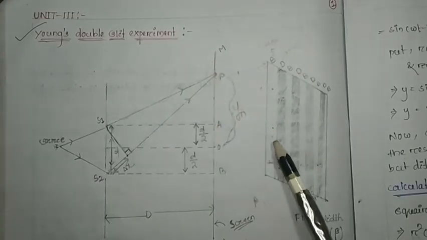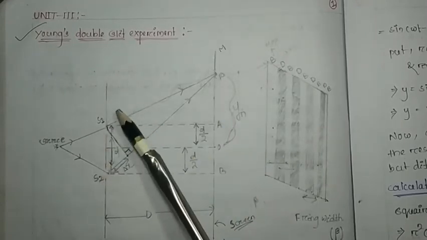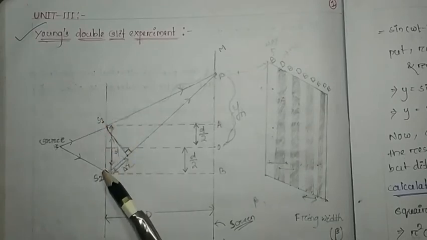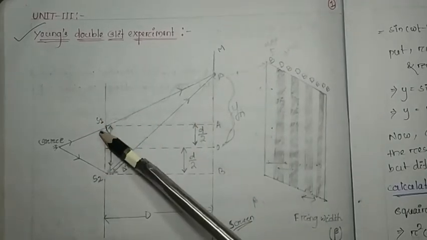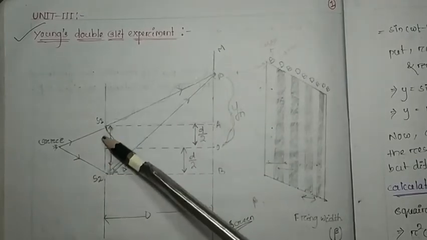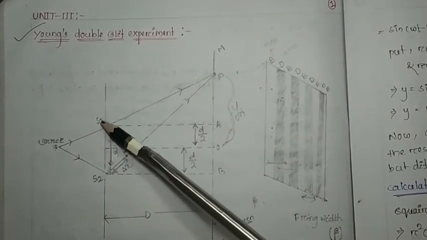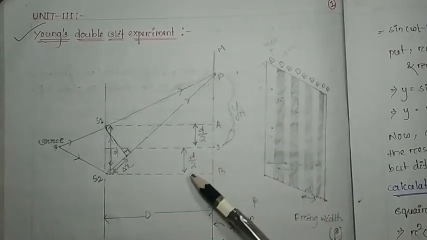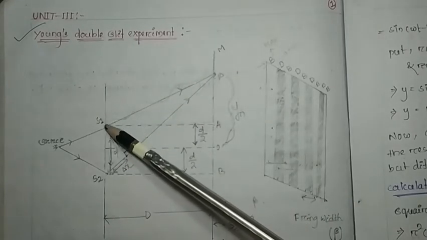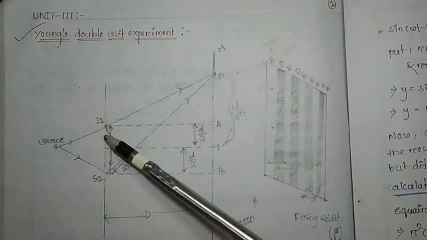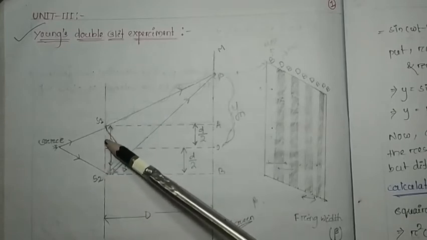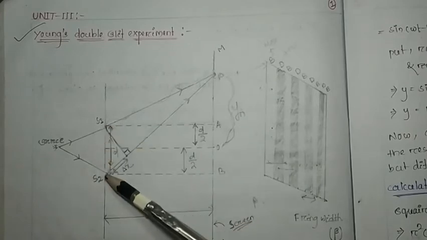The two slits are very narrow, and the opaque distance is very large compared with the width of the slit. In Young's double slit, the slit width is very small compared with the distance separating slit 1 and slit 2.